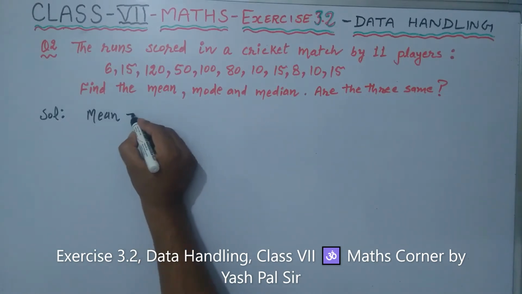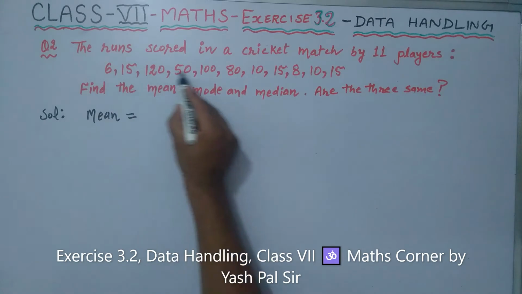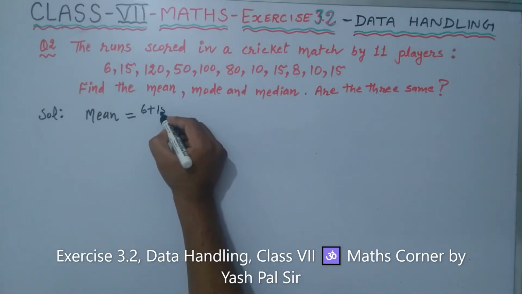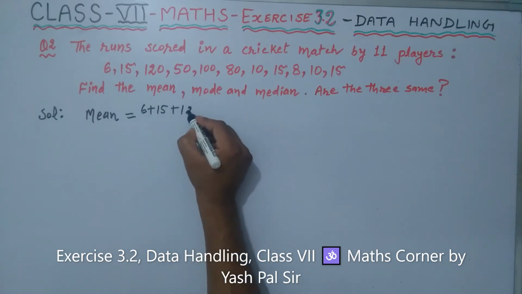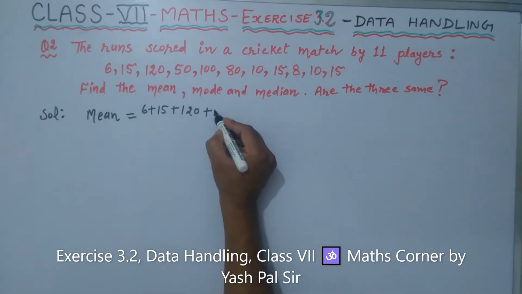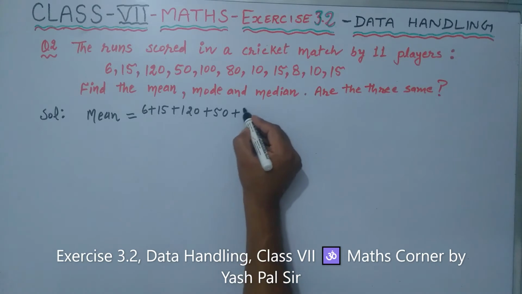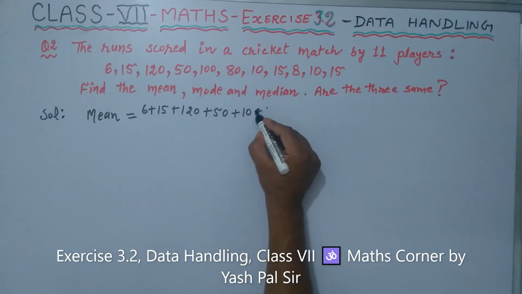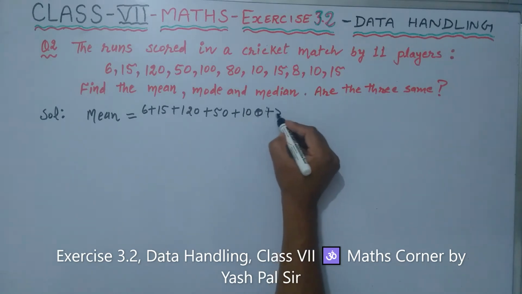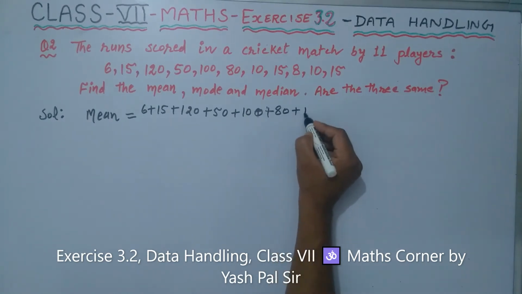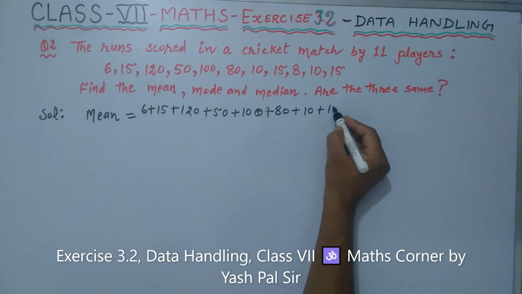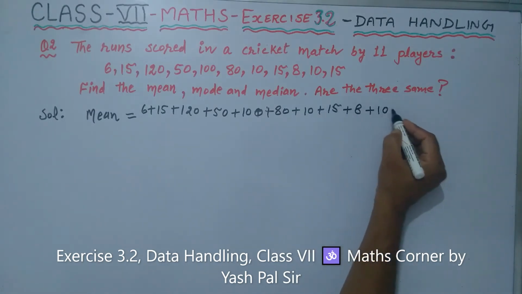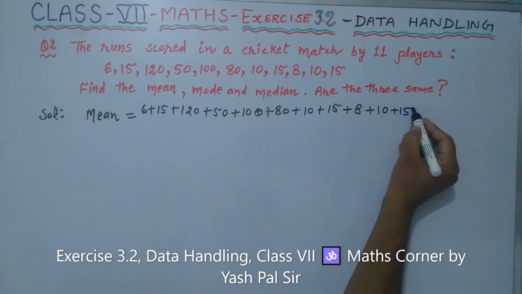Mean, as we know, is adding all the data: 6 plus 15 plus 120 plus 50 plus 10 plus 50, after this is 100 plus 80 plus 10 plus 15 plus 8 plus 10 plus 15.